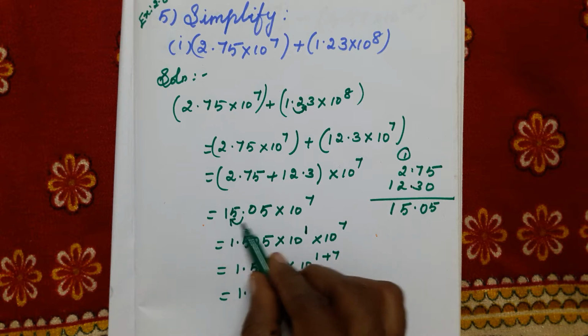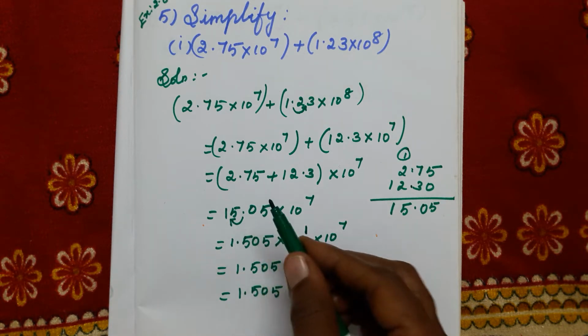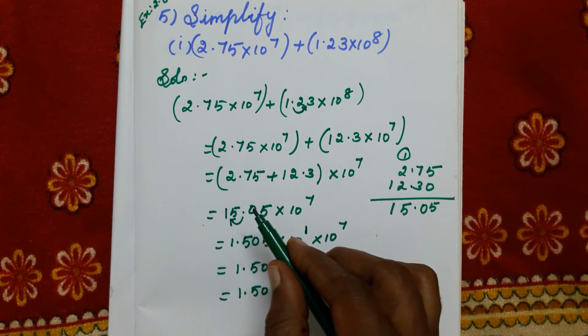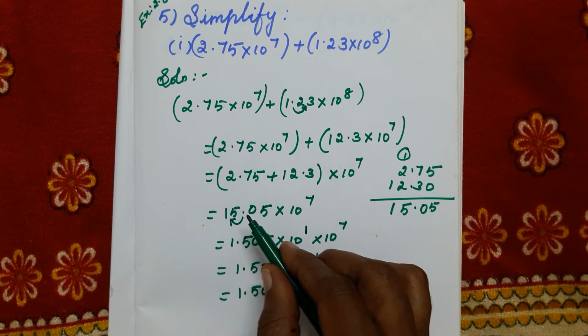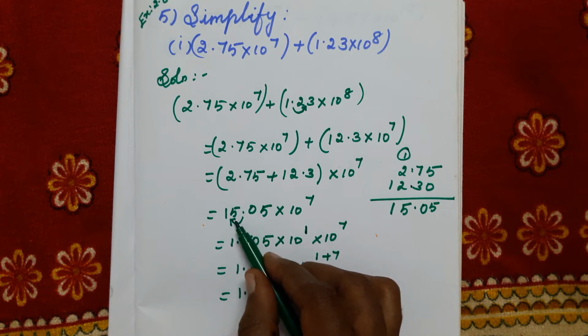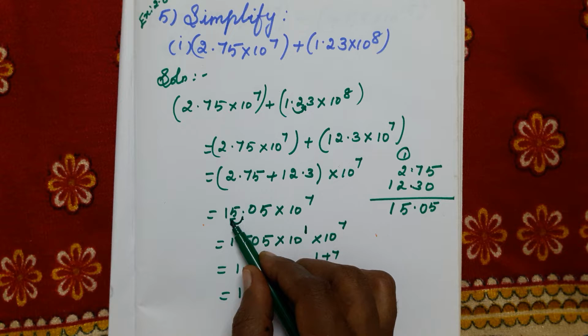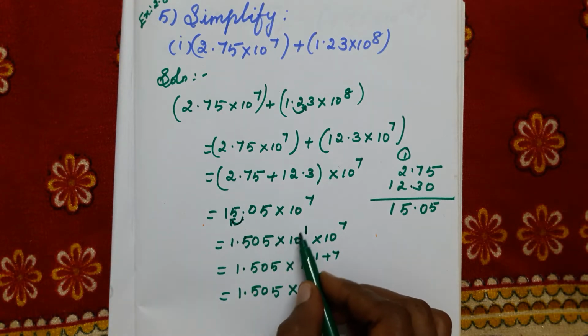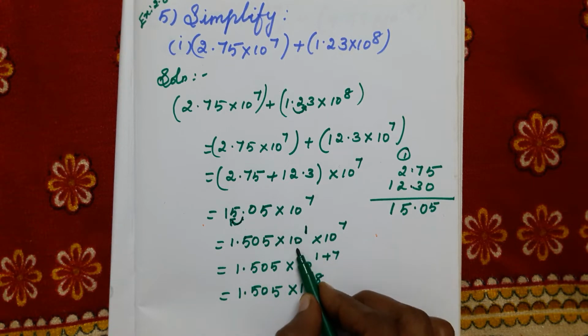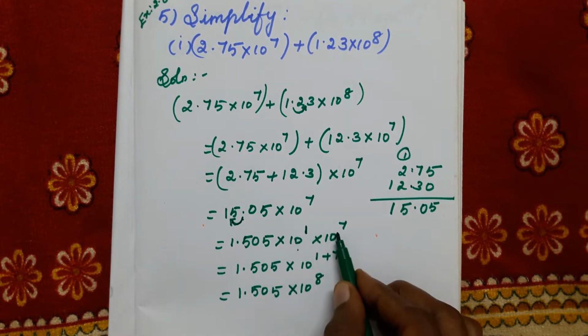Then now this is not in scientific notation. In scientific notation, only one digit should be there before the decimal place. So I have moved the decimal point one digit left. If we move the decimal place one digit left, we get 10 power 1. 1.505 into 10 power 1 into 10 power 7.